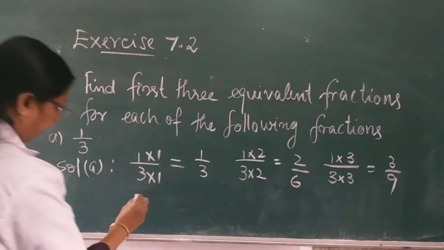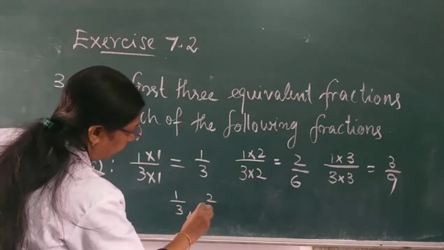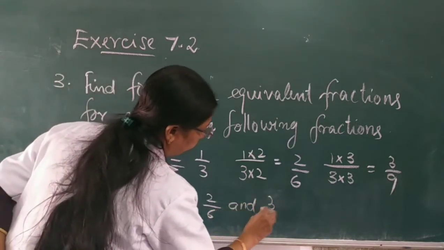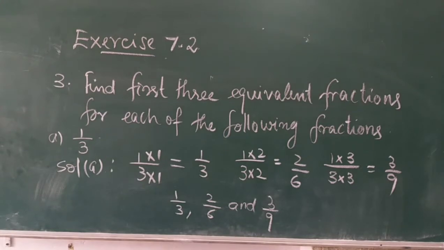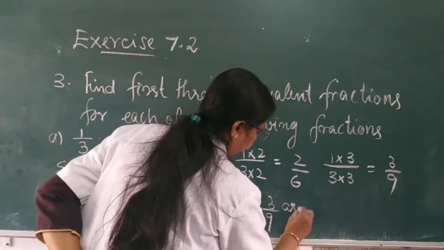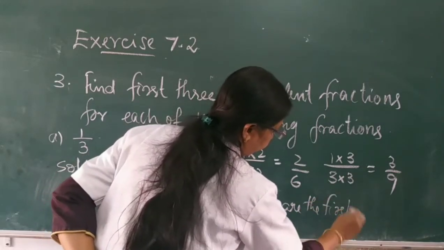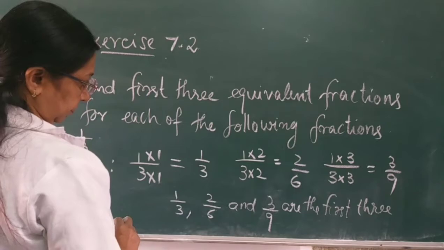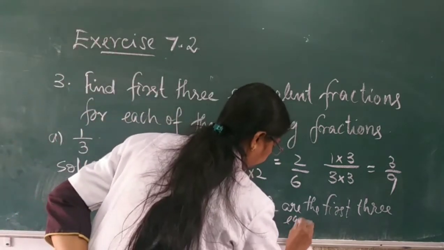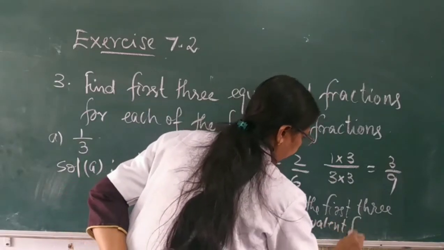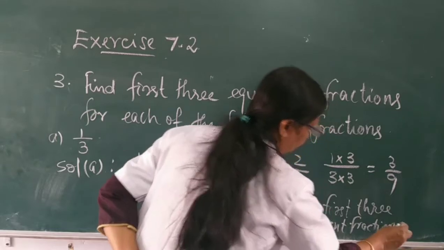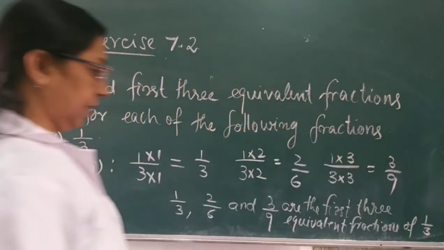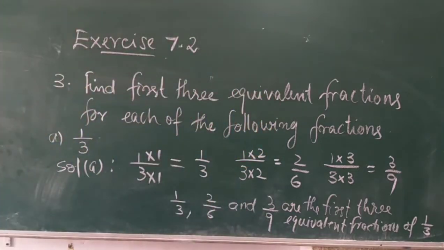So 1 by 3, 2 by 6 and 3 by 9 are the first 3 equivalent fractions of 1 by 3. Is it correct?